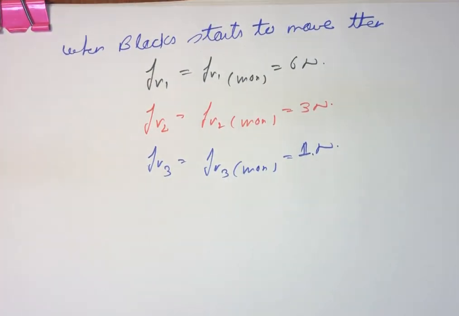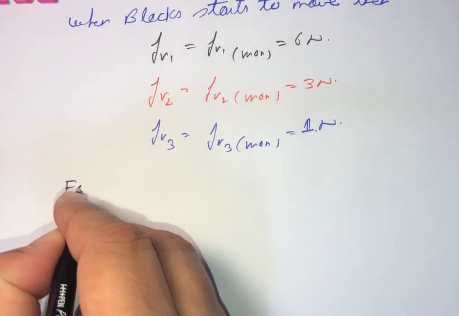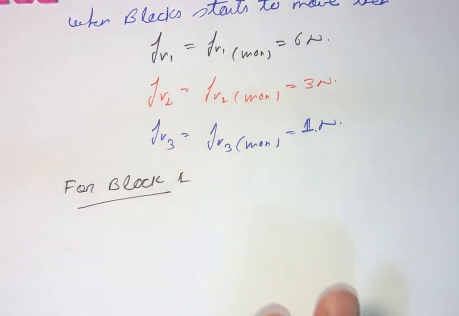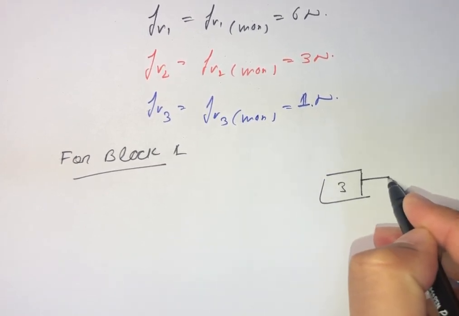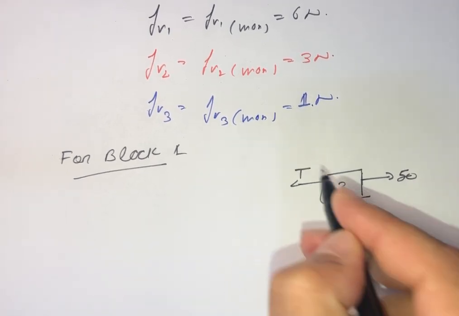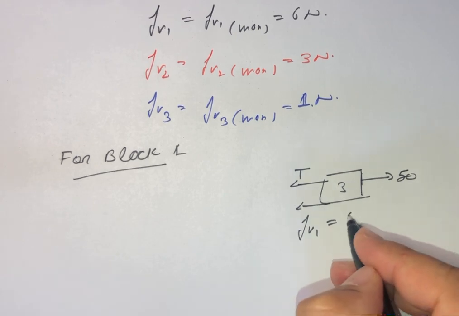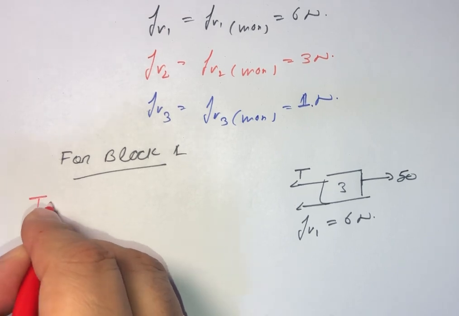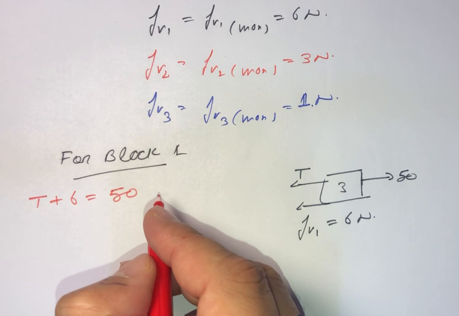Let us find out one by one. Let us consider block 1. This is our 3 kg block. The force applied is 50. Now we have tension T, and we have Fr1 whose value is 6 Newton. So we can say T plus 6 will be equal to 50.